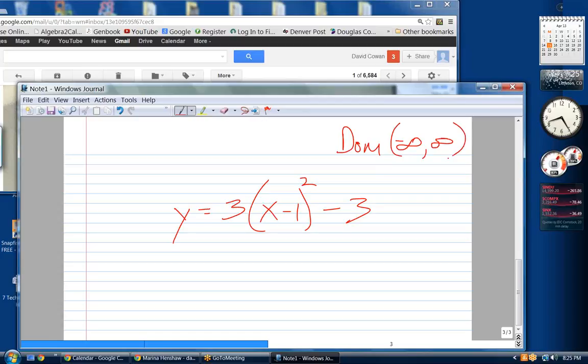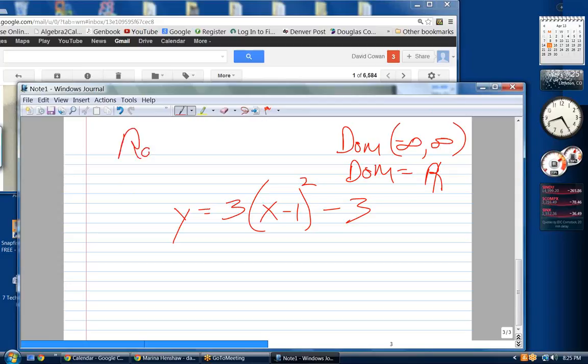Like that? No. Or they could say all reals. The domain is all real values for x. X can be anything. Yeah, it can be all real values.